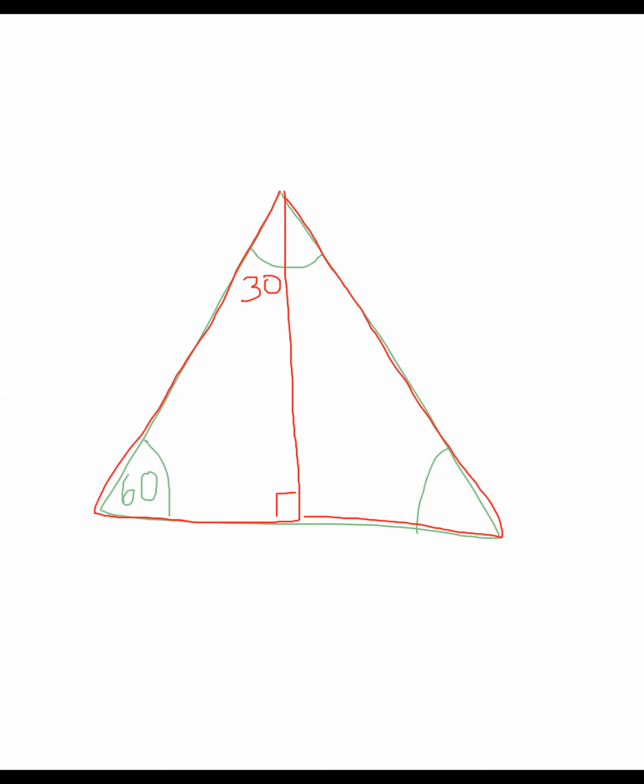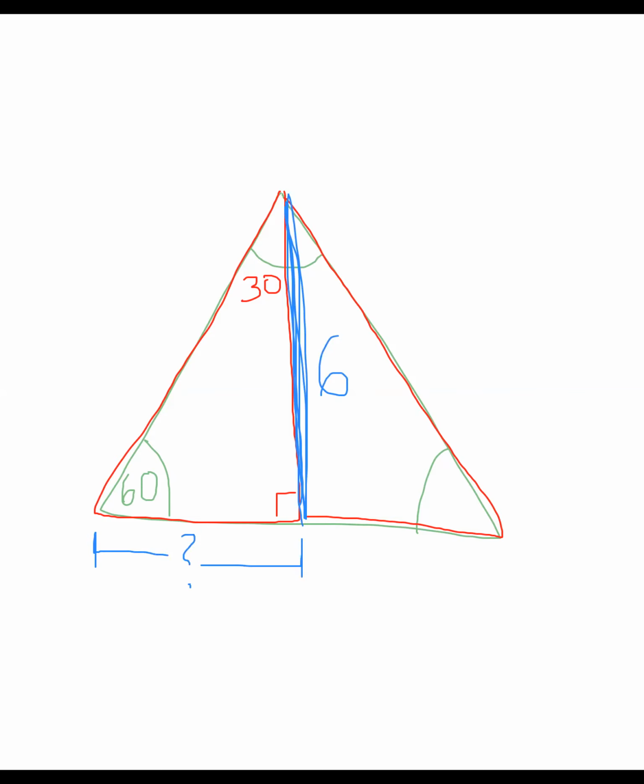And this right here is the short side of the dollar bill, and they gave you that value as 6. So that's what you're starting with. You need to figure out what this is right here, and that's the key to the whole thing. Once you have that, you can answer all of the other questions.